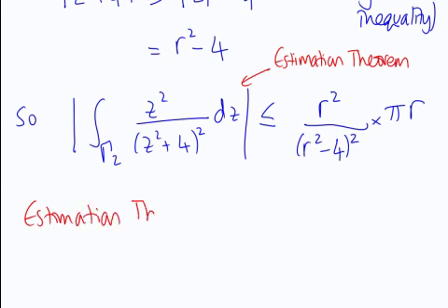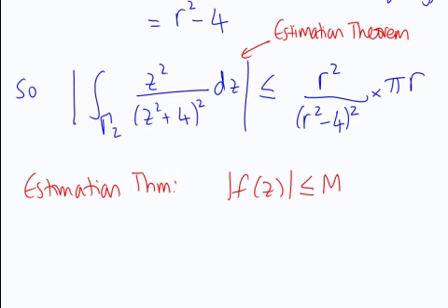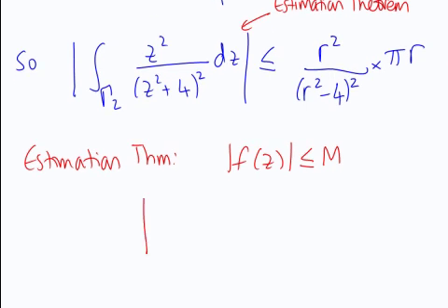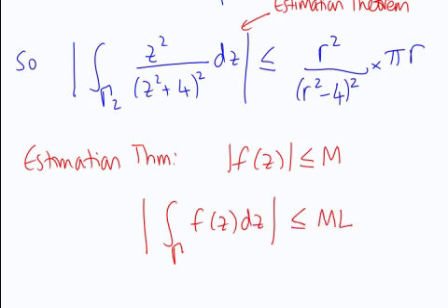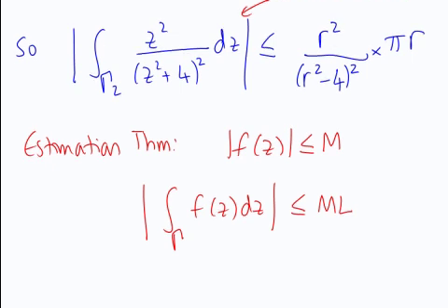This is a rough, not a full definition, but the estimation theorem says that if the magnitude of a function of z is less than or equal to M, then the magnitude of the integral of f of z around a contour is less than or equal to ML, where L is the length of the contour.